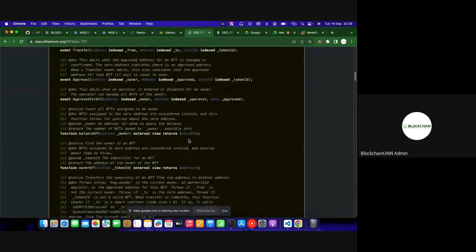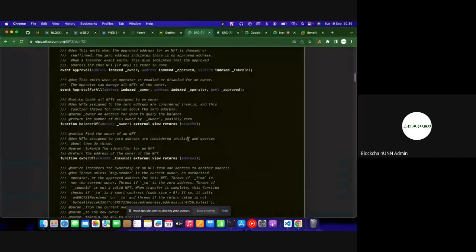All right. Now we have the balanceOf function. I think the balanceOf function at this point is very self-explanatory. Basically, the balanceOf function is used to count NFTs that are assigned to an owner. So if you want to check the number of NFTs in a collection that a particular owner has, you can always use balanceOf, and you pass in the owner and it returns a uint256.